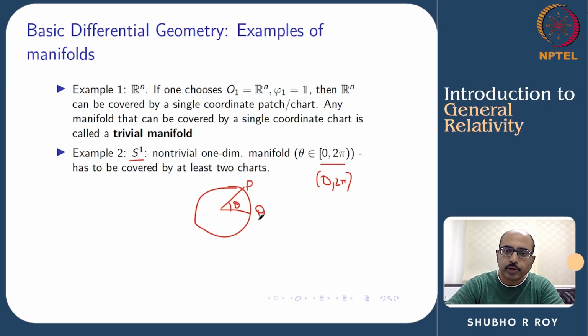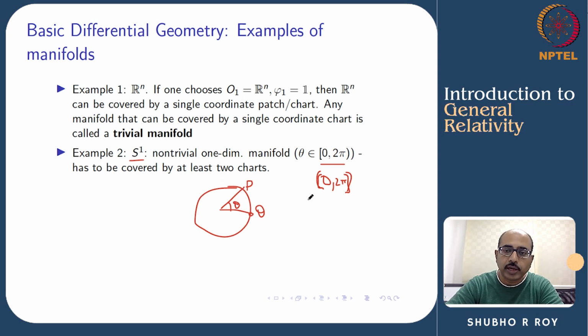So if we take the open interval, then this point will be excluded because neither 0 nor twice pi is included. So you might take the closed interval. But then if you take the closed interval, it's not going to be an open set of Rn. So no single open set of Rn can cover the circle, actually.